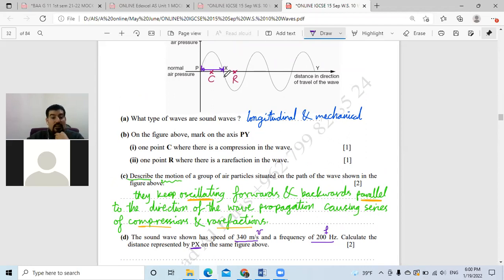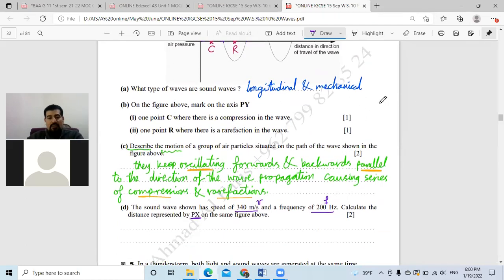Wavelength? I know that the wavelength for the whole wave, for the positive and negative pulse, is this. So what do they ask for? They ask about half of a wavelength. So I have to find the wavelength, then I will divide it by how much? Exactly, I will divide it by 2.